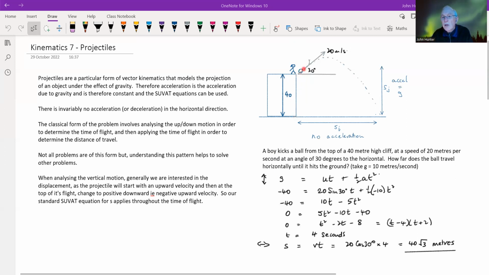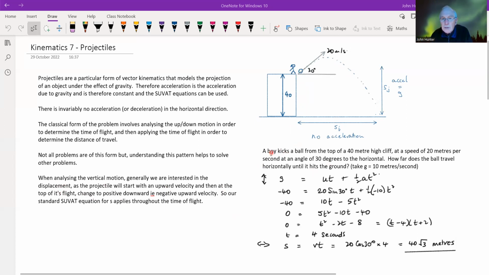So the fact that the ball starts going up and then comes back down again drops out of our displacement equation. We're just interested in the overall displacement. That's what that equation gives us.